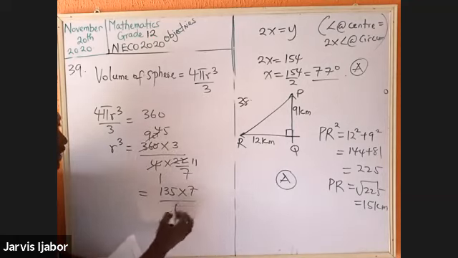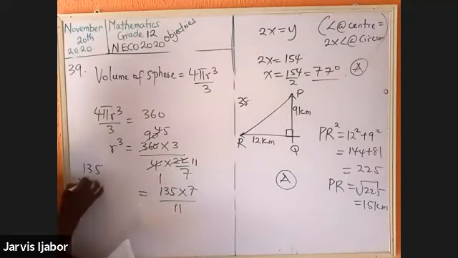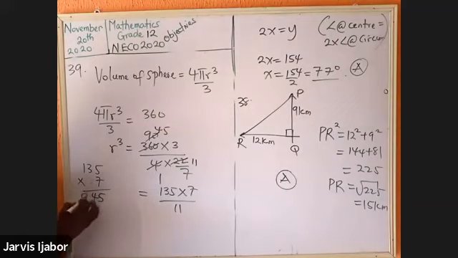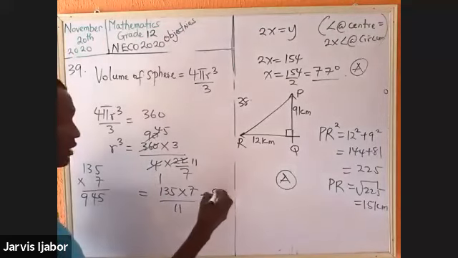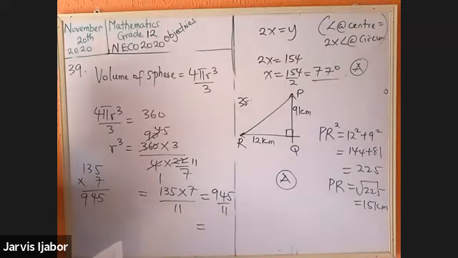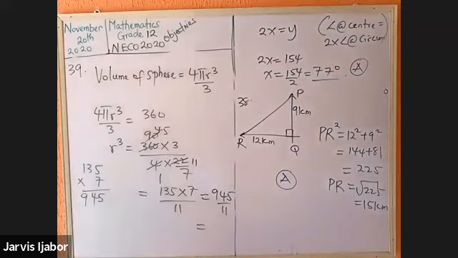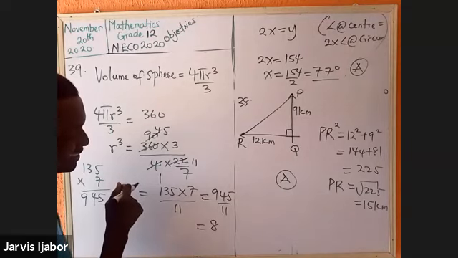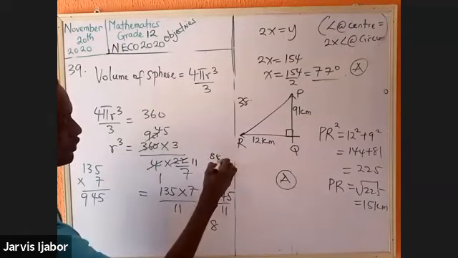So what is 135 times 7? 5 times 7 is 35, carry 3, then 4, carry 2, that'll be 9. So 945. So that'll be 945 divided by 11. So that means that the radius cubed will be, this will give you 88 plus 55.